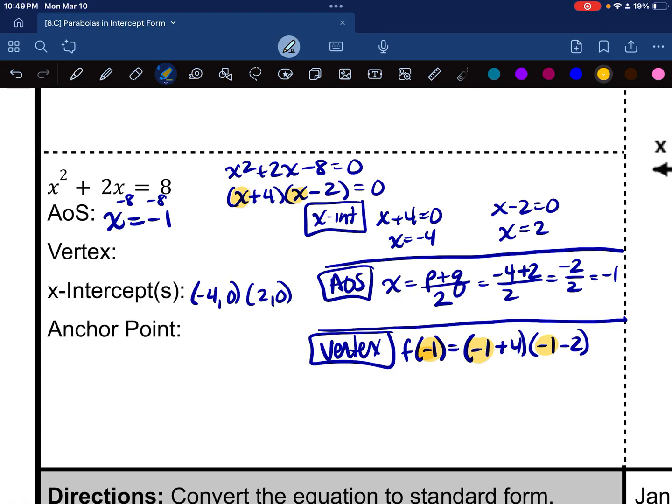And f of x is the same thing as y. Okay, so when I plugged in negative 1, I'm simplifying my parentheses. So negative 1 plus 4 is 3. Negative 1 minus 2 is negative 3. So I got negative 9 for my vertex.